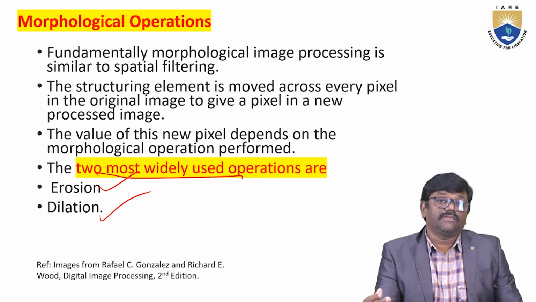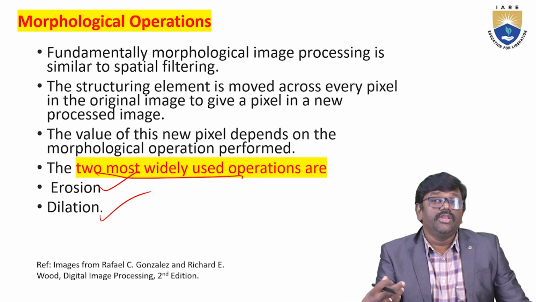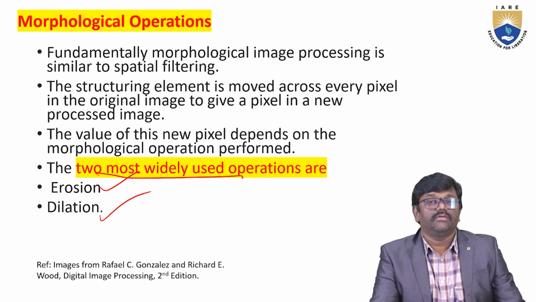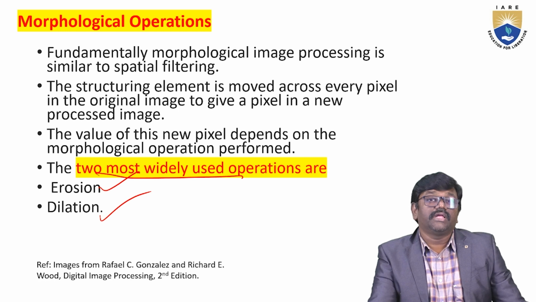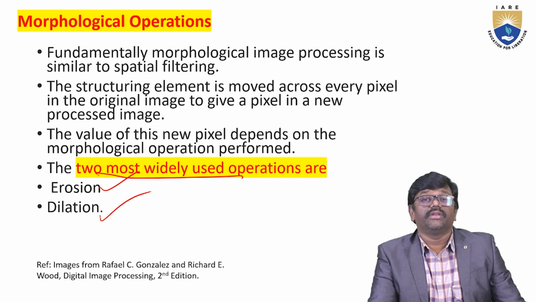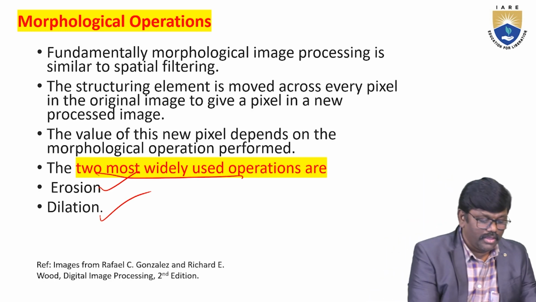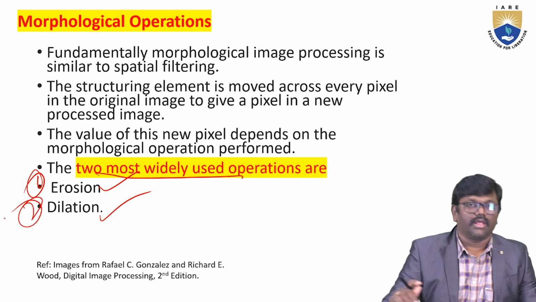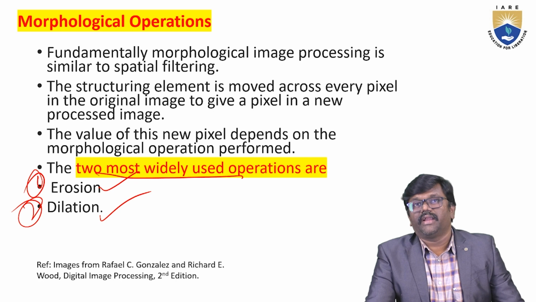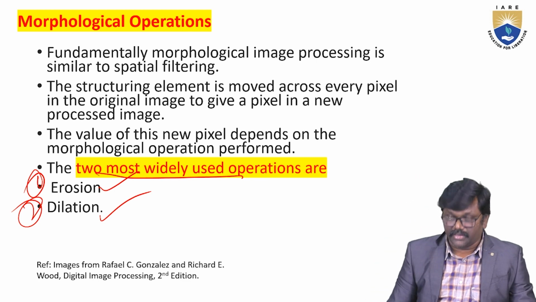The value of the new pixel depends on the morphological operation performed. For that reason we use the morphological operations, number 1 erosion and number 2 dilation. These two are very important to understand for the morphological operation process.